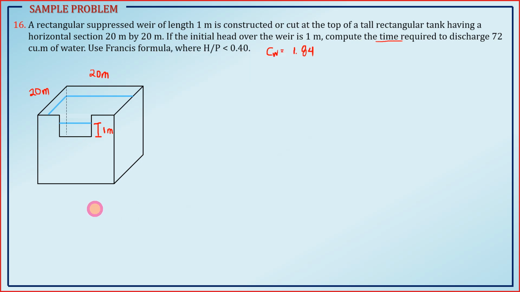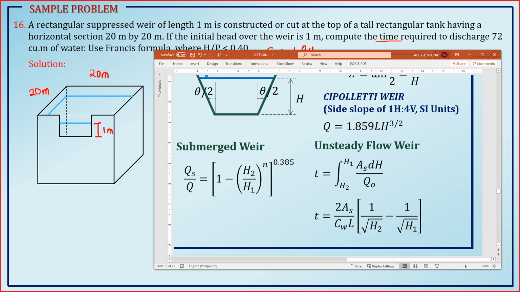We have T is equal to AS. T is equal to 2AS over CWL times 1 over square root ng H2 minus 1 over square root ng H1.